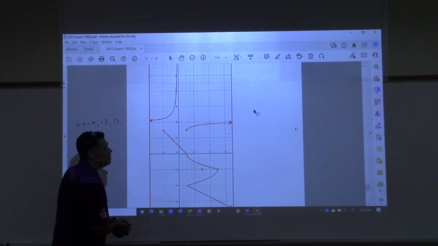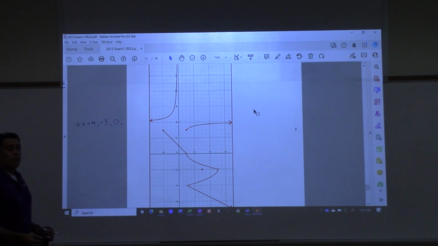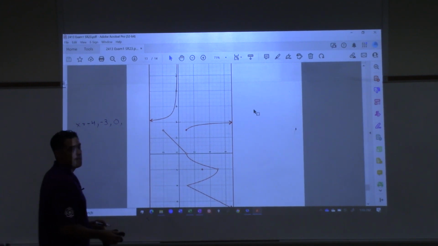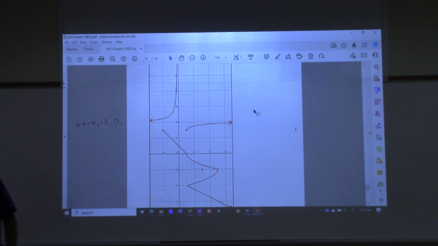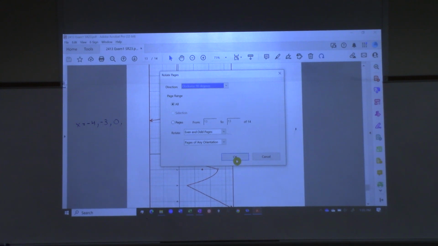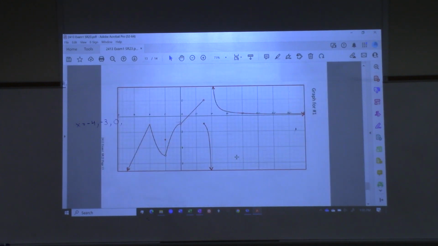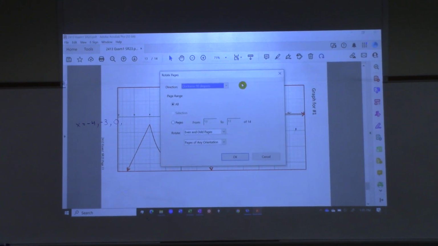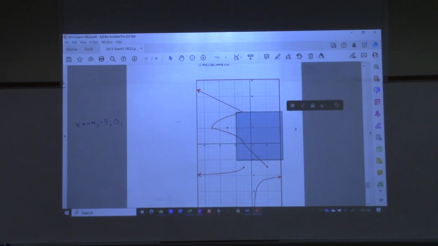Oh. I have a student looking for me. Yes? You can click on the little arrow thing to flip it. Does that flip it? Don't tell me that's that easy. Yeah. It flips everything? Oh, okay. It's all right, I'll just flip it all. Oh, wrong way. Do it again.